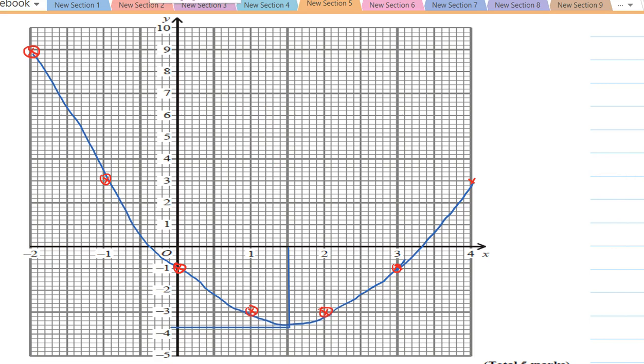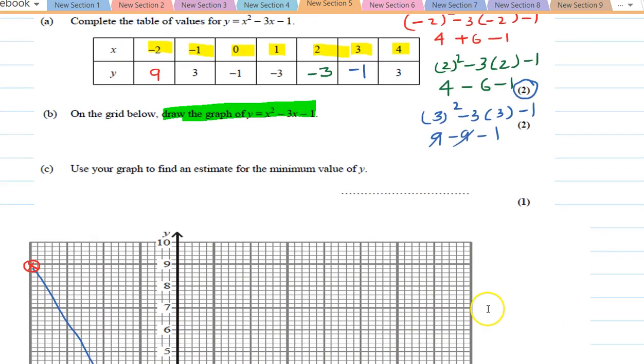This value will be giving you the minimum value. So let's write down here. The minimum value of y, this is the y-axis, so it will be nearly minus 3.3. So the minimum value of y is minus 3.3. Nice and easy. So we can write down here the answer: minimum value of y is minus 3.3.